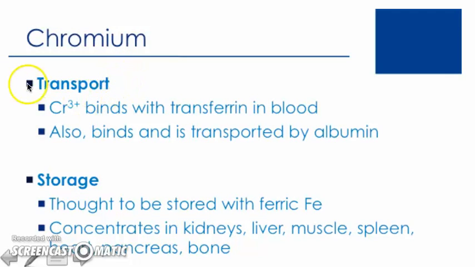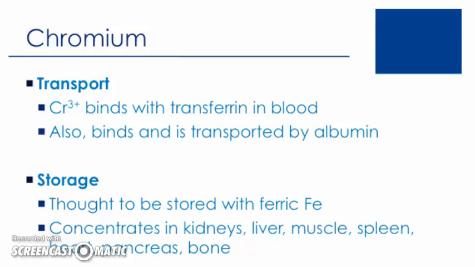Like iron, chromium will bind to transferrin in blood to be transported in the bloodstream. So again, like iron, chromium does bind to transferrin. It also binds to albumin, and so this protein albumin will also carry chromium through circulation.